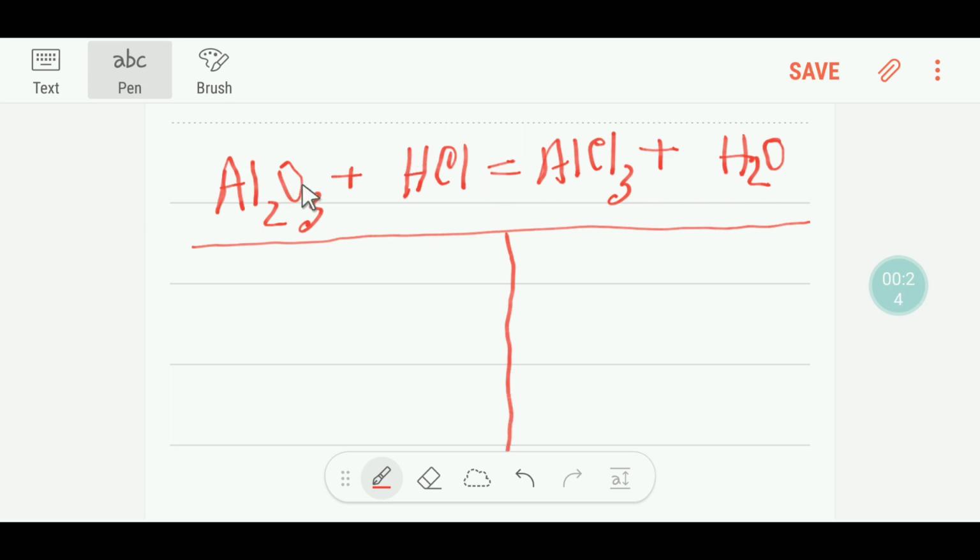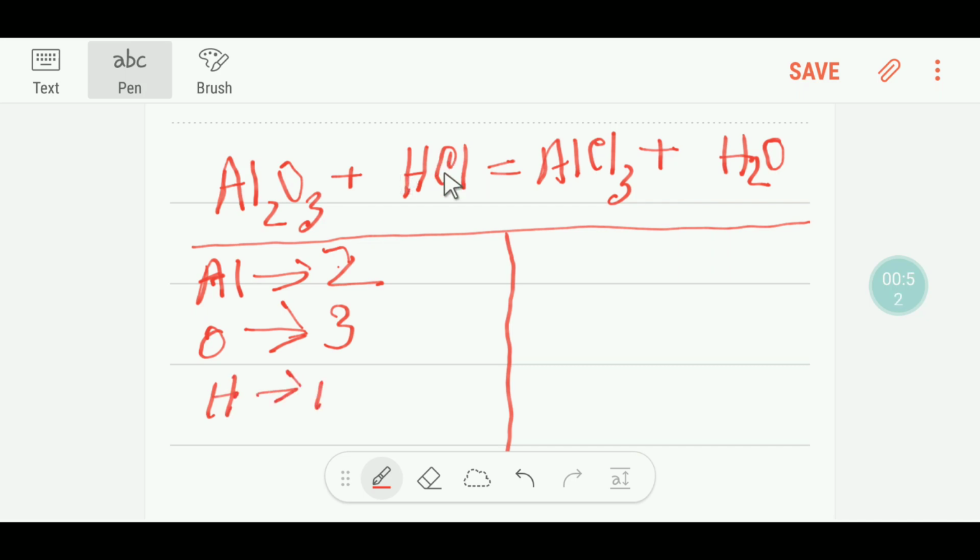On the left hand side, or reactant side, we have here 2 aluminium, and we have here 3 oxygen. We have here 1 hydrogen.